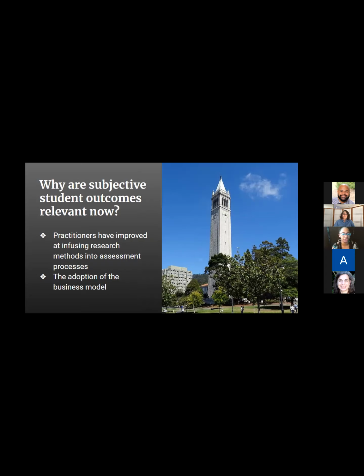We're getting good at understanding the experiences of students who have been maybe historically overlooked or poorly served by our institutions. And we're getting good at making data-driven decisions so that we can continuously improve.